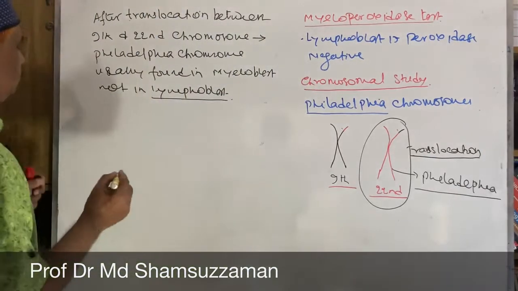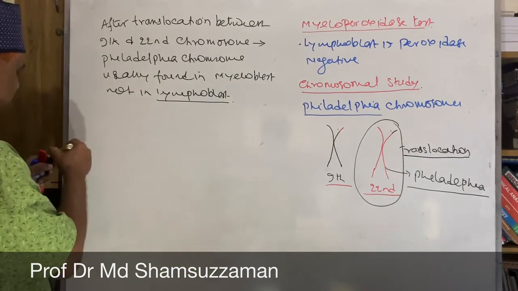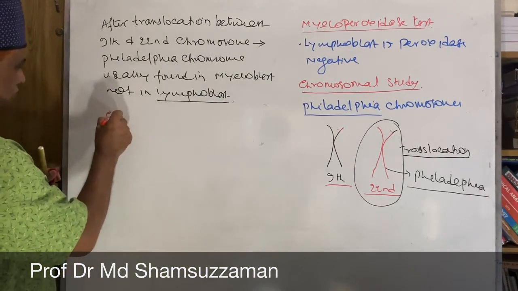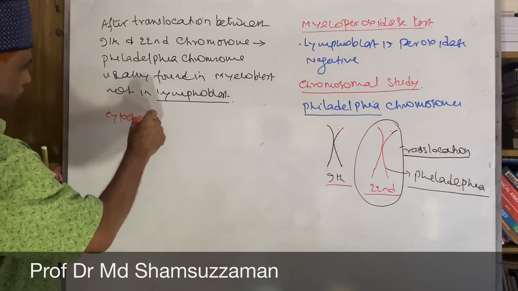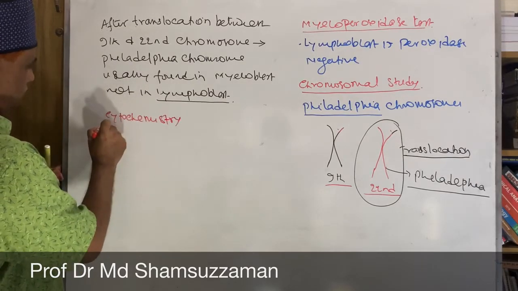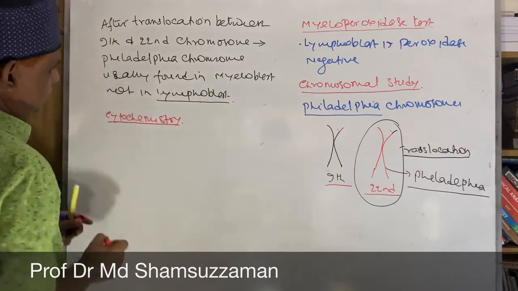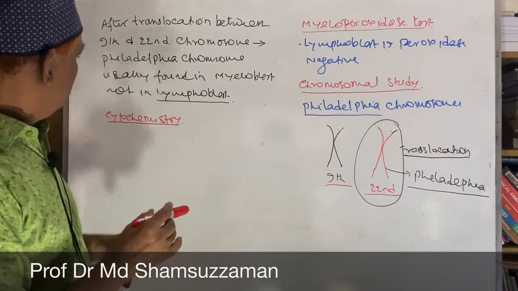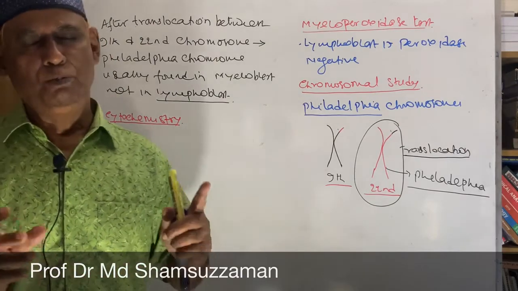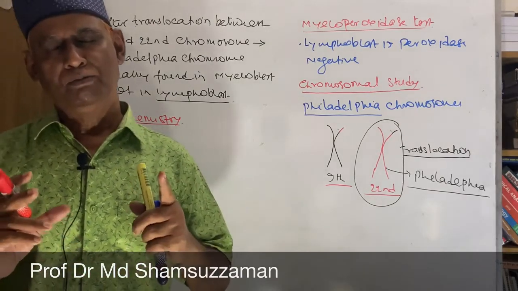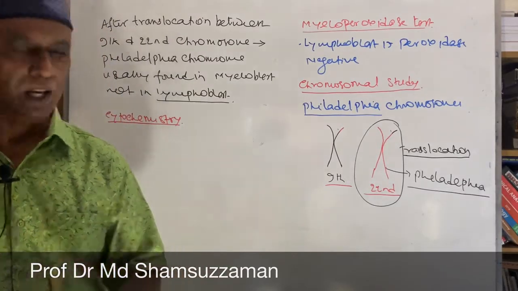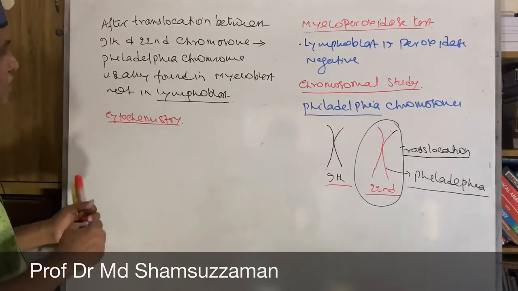Then come to cytochemistry. Why do we do cytochemistry? We do cytochemistry to differentiate the blast cells of different series of cells.